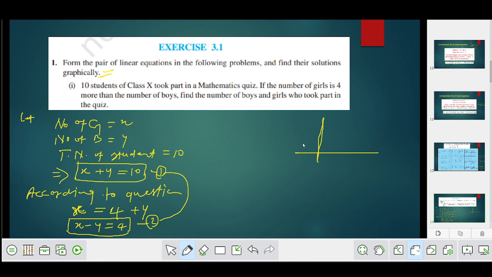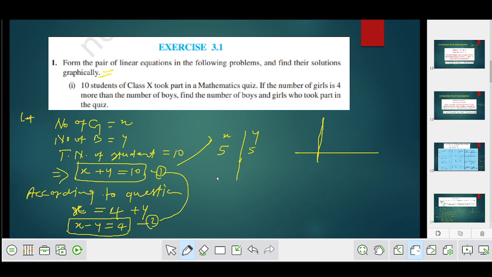So, first we should find out the points with the help of equation 1. Here x and here y. If we take y as 5, then x will be 10 minus 5, which is 5.